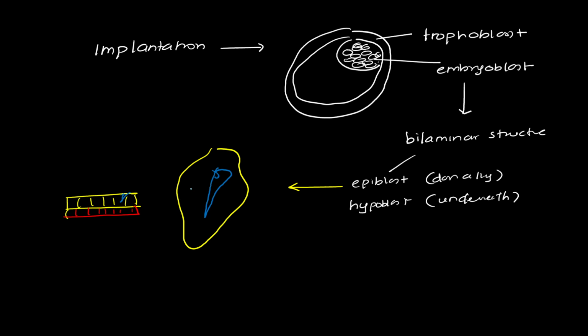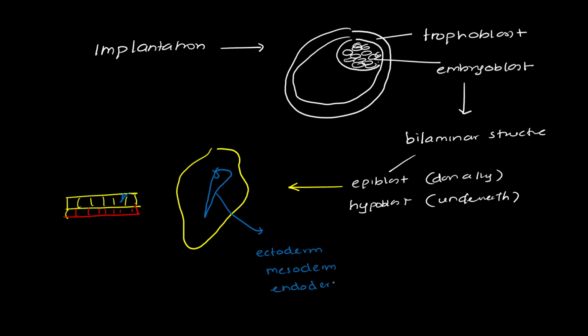There are cells that pass from the epiblast and move into the space between these two layers. This is involved in the formation of the three-layered structure: the ectoderm, the mesoderm, as well as the endoderm.